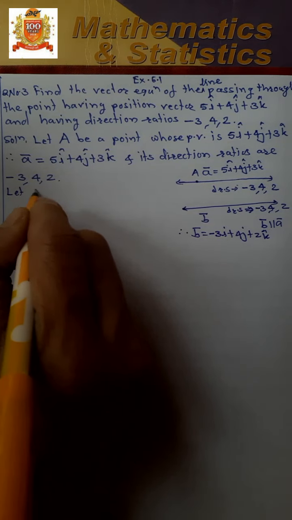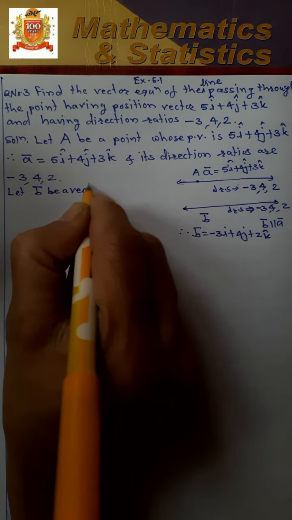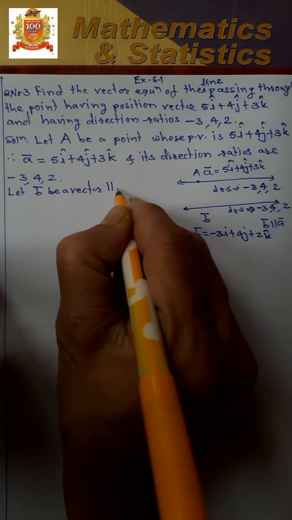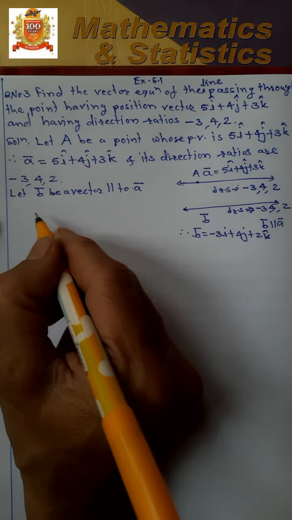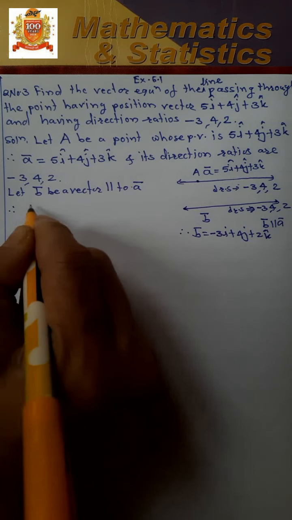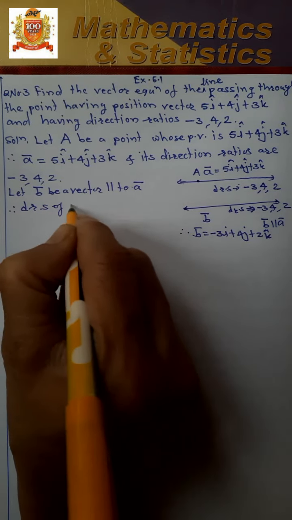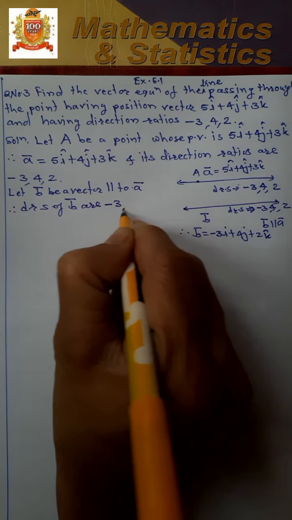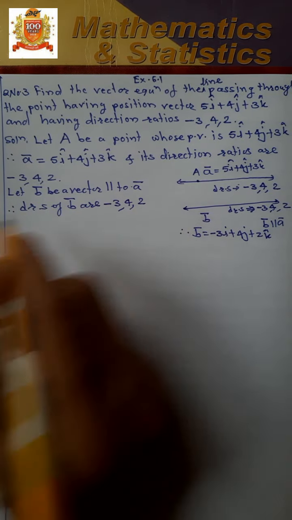Let B bar be a vector parallel to A bar. Therefore, DRs of B bar are minus 3, 4, 2, because these two vectors are parallel.